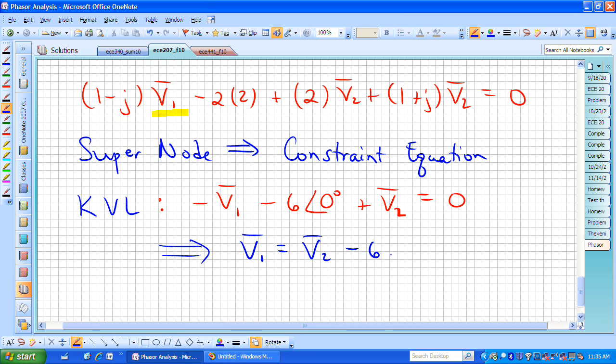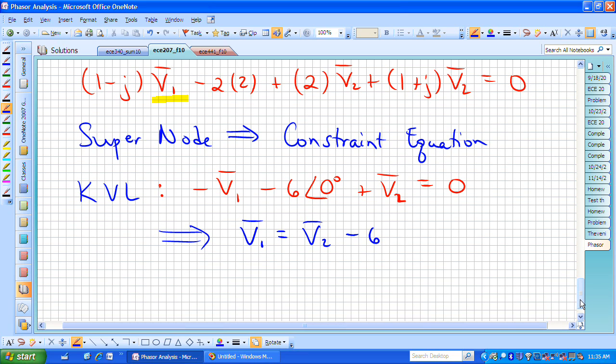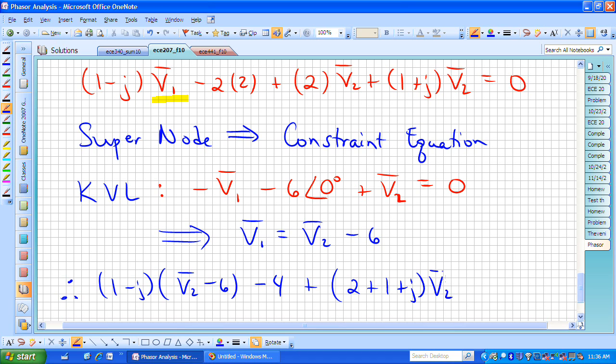Let me now put that into where I just highlighted under the V1 up above, and I now have 1 minus j times V2 minus 6 minus 4 plus, and now I have 2 plus 1 plus j V2 equals 0.